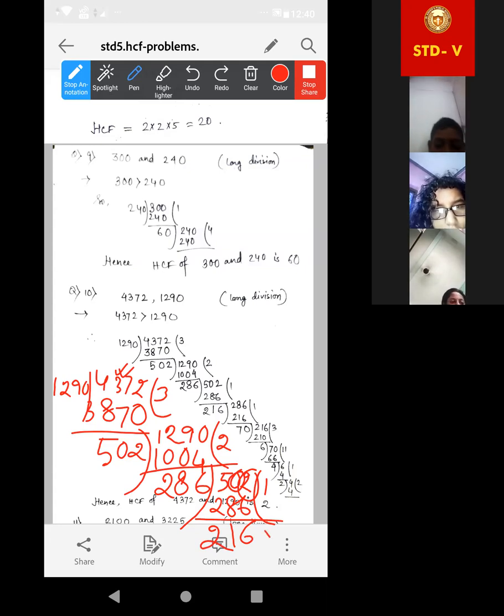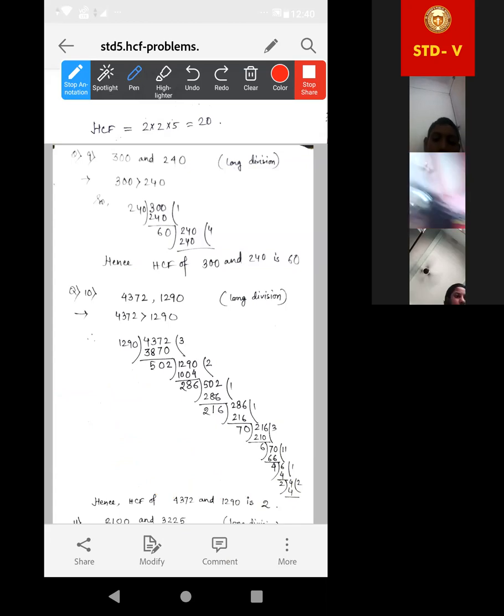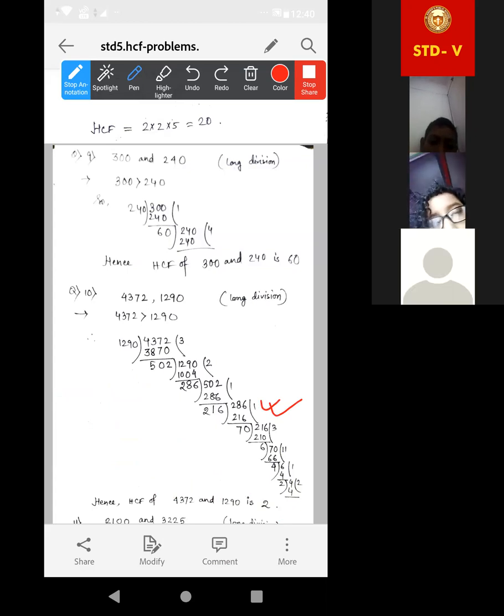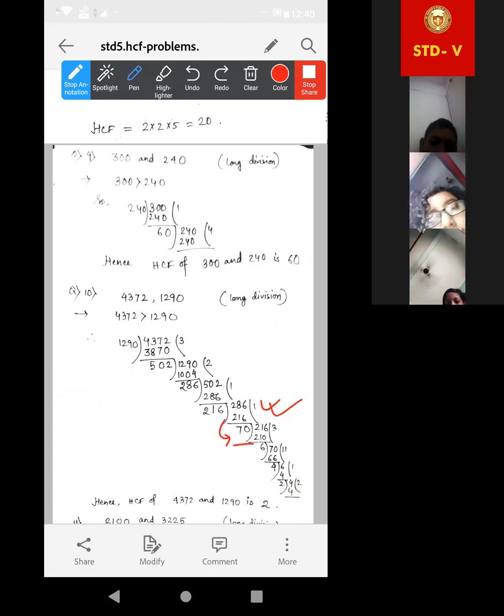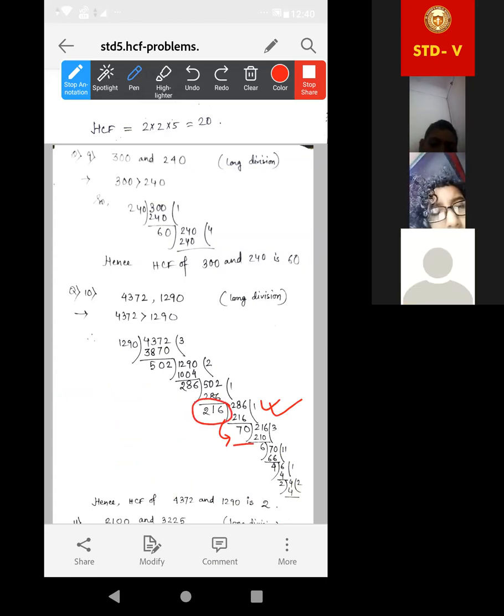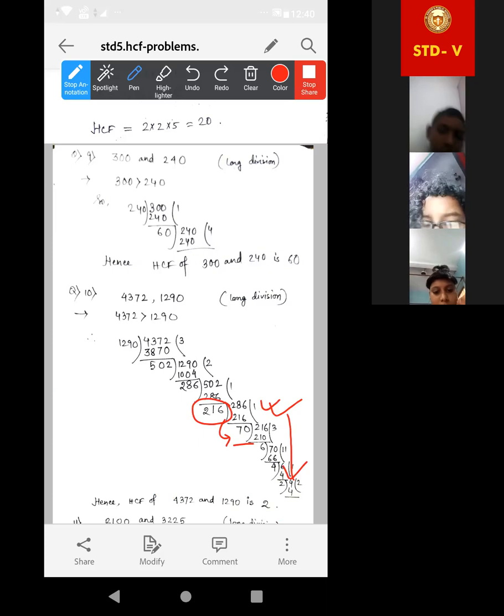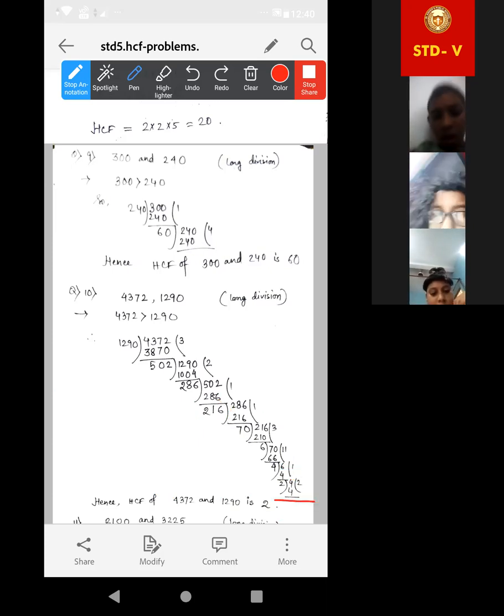Now by this 216 we have to divide this 286. The remaining division, look, by 1 it is 216. There's remainder 70. By 70 we have to divide 216. And this one will continue until we are getting 0 as the remainder.